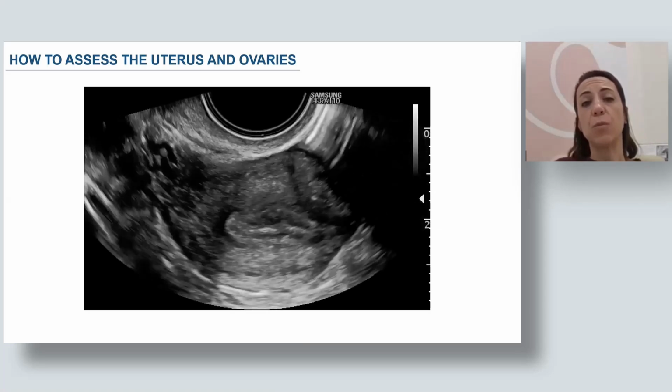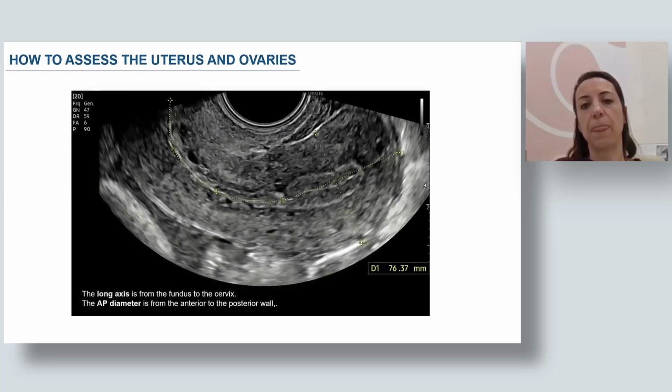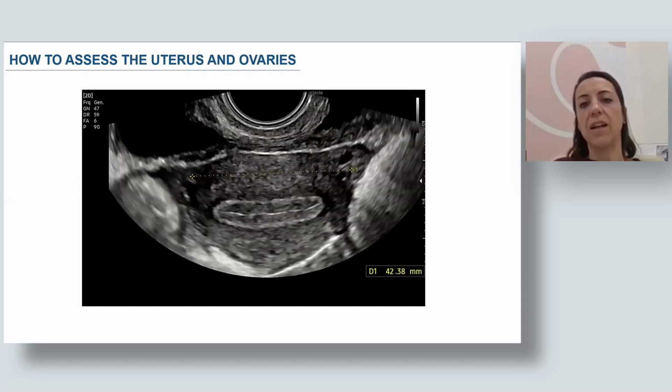And then we should move the probe from the fundus to the cervix in order to assess all the uterus. We measure the uterus. The first is the long axis from the fundus to the cervix, then the anterior-posterior diameter from the anterior to the posterior wall, and then in the transversal section, we can obtain the third parameter.